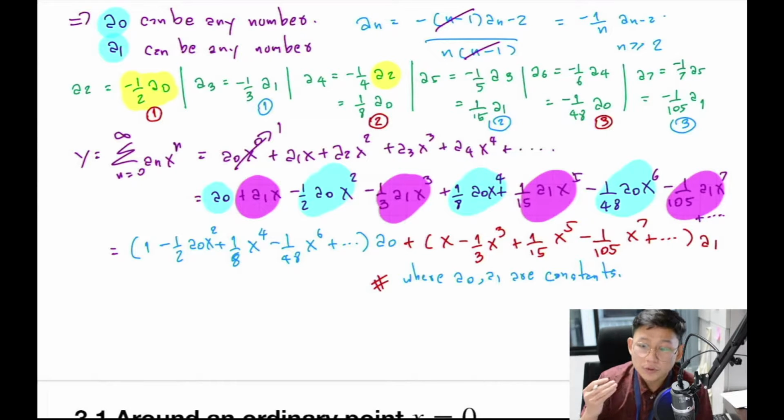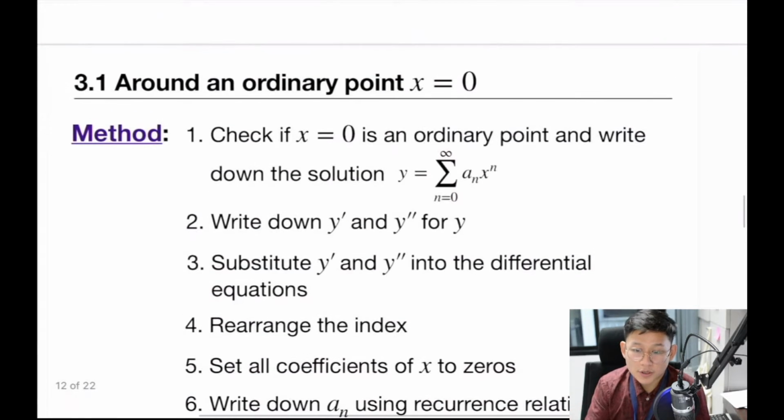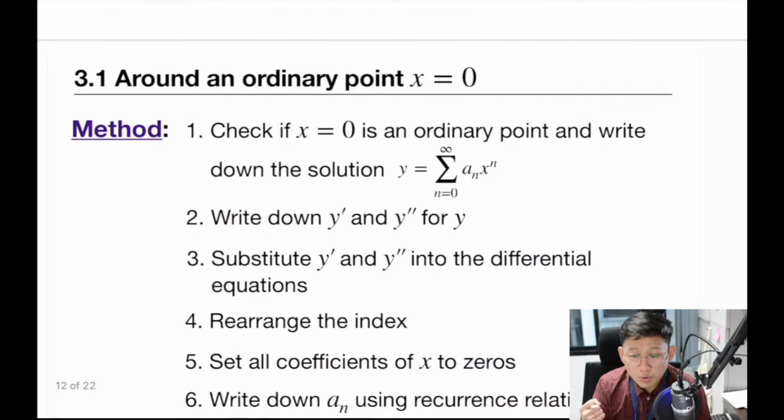Okay, before we proceed to the next example, let me sum it up here, and that is the method. I have it here so that when you want to come back and revise for the exam, you can just come to this slide to look at the method, and then go do the examples yourself. So the first step, to find a solution around an ordinary point x equals 0: first, it needs to be ordinary at x equals 0.